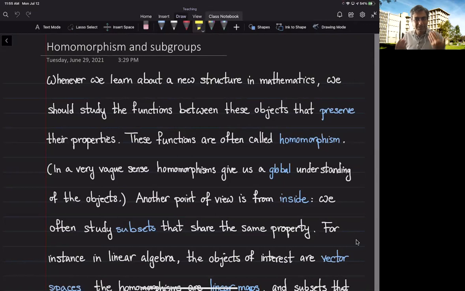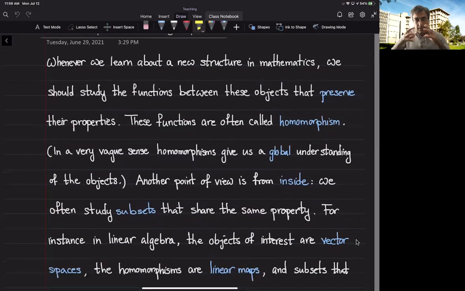In topology, you look for the maps that preserve the topological spaces. In geometry, you look for the maps that preserve, depending on the type of geometry that you study, differential forms or differential geometry.